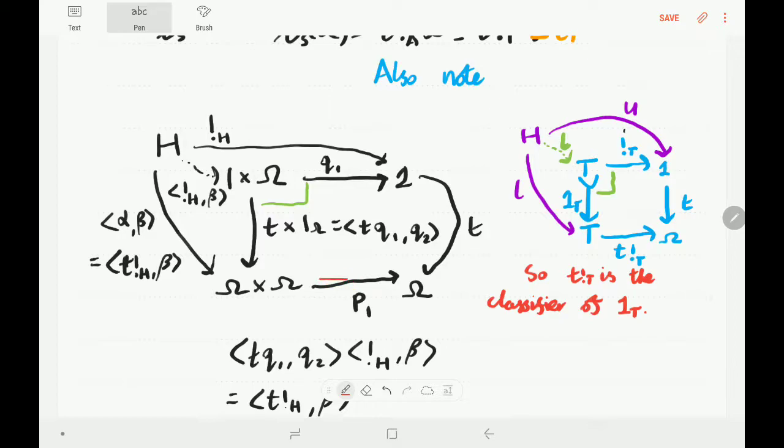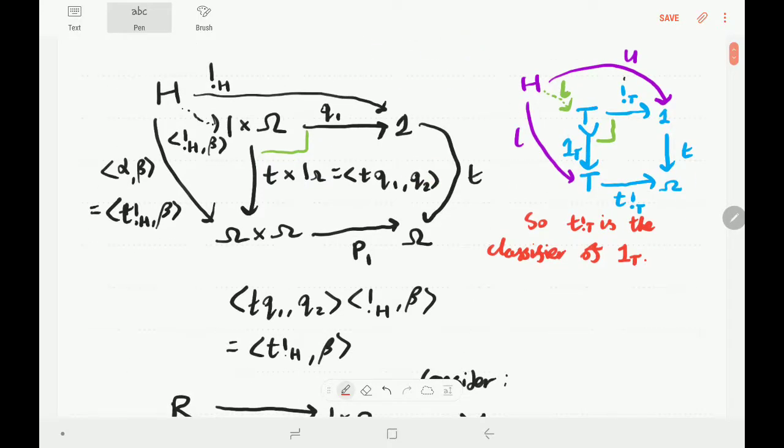The next thing to note is what's called the generic subobject. This arrow T from 1 to omega is sometimes called the generic subobject, and there's also such a thing as the generic pair of subobjects.